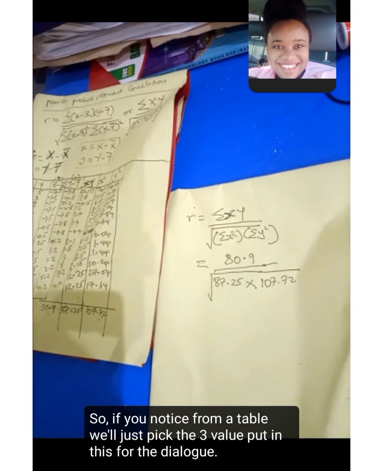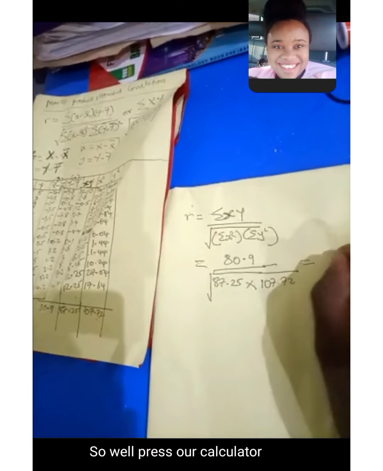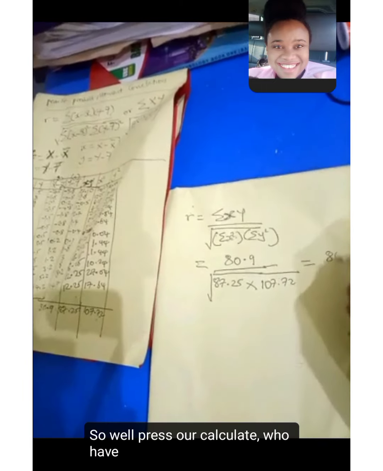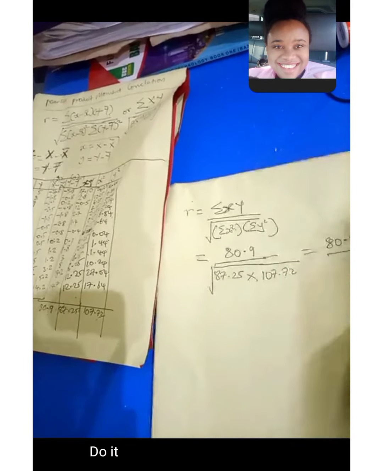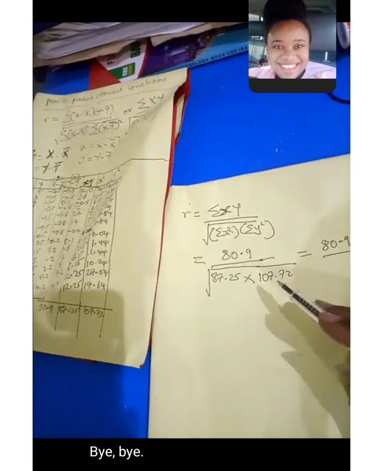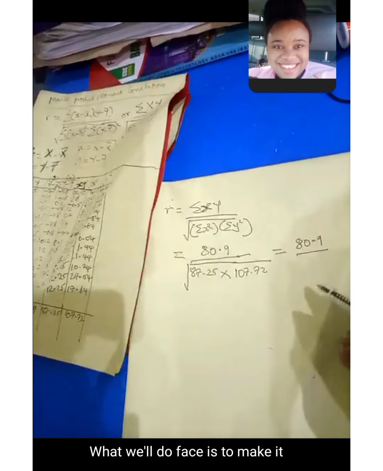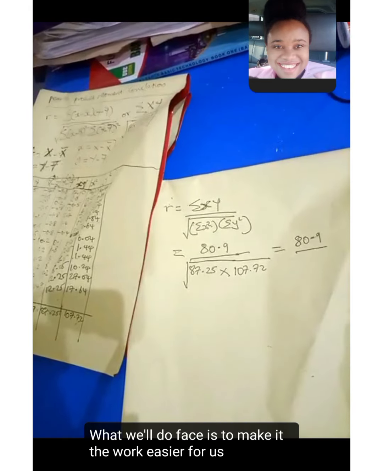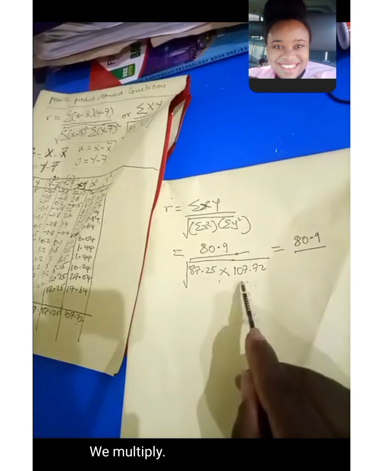So when we press our calculator, we'll have 80.9 divided by. Doing this in the calculator, usually we have to be careful. To make the work easier for us and not encounter any error, we'll multiply what is inside the square root first before finding the square root.